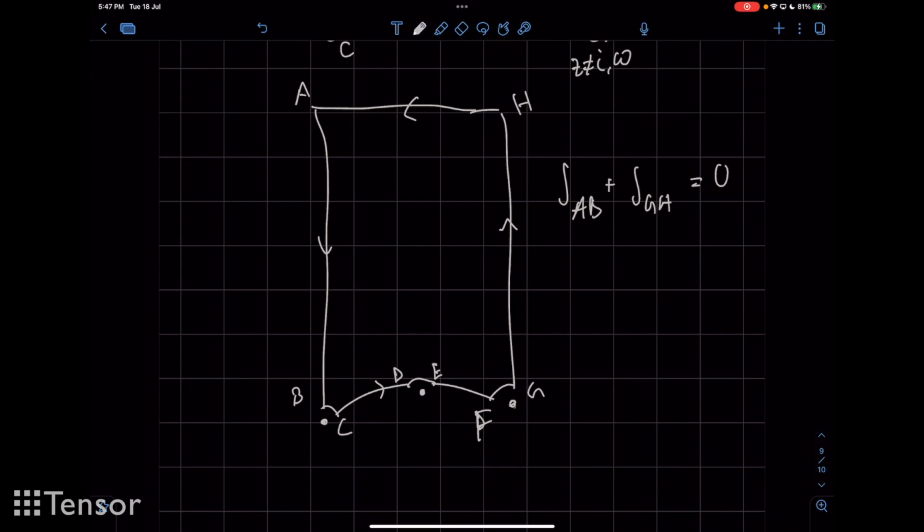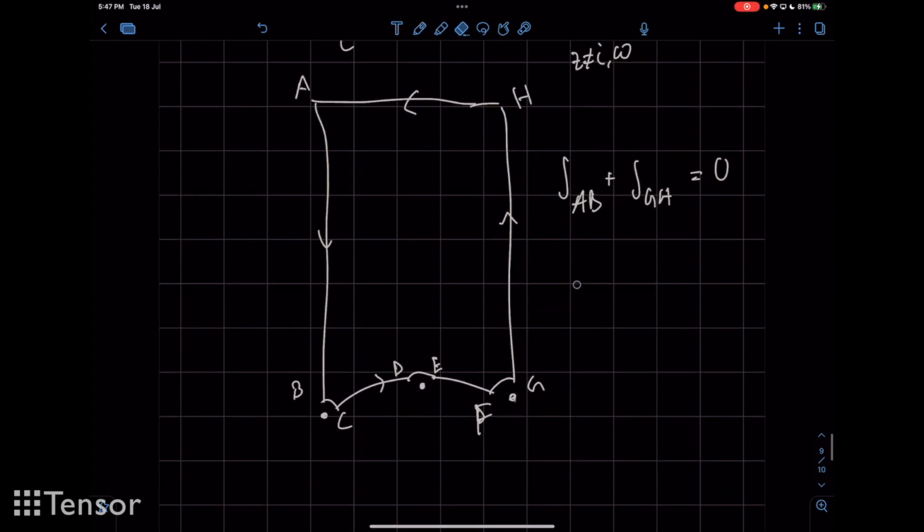Okay, yeah, that's cool. But what about this horizontal line HA? So what is the integration over HA? Of course, the function is f prime by f, so I'm not writing the function. So let's try to compute that.